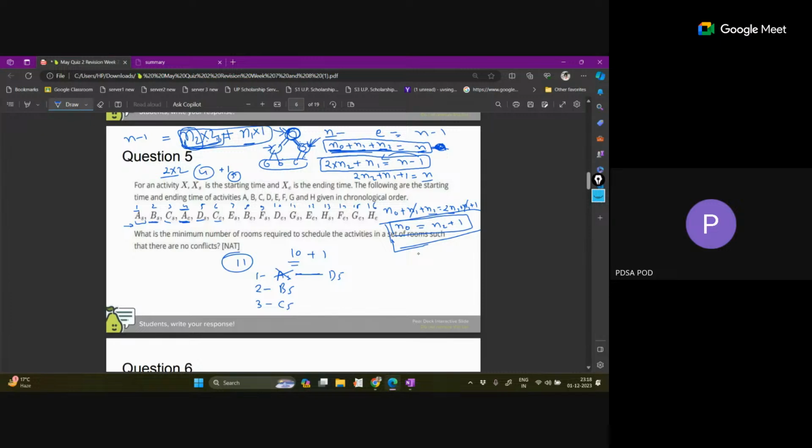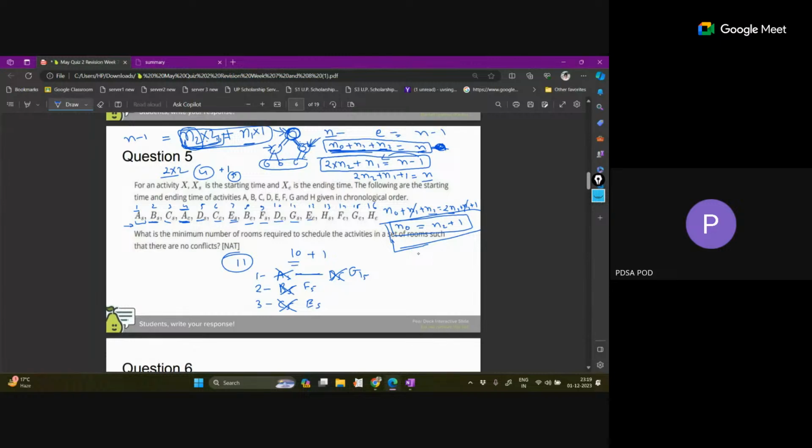BE is completed, so this room is available for the next. ES is started, so we will use this. Now FS is started, so you can see that we are using the same 3 rooms. No need to use an extra room. Now DE is completed, GS is started, we will use the same.